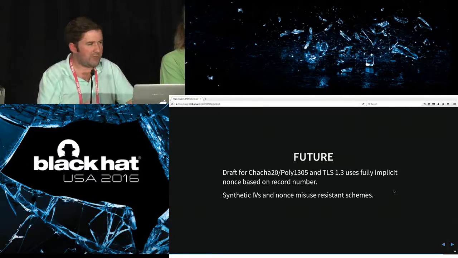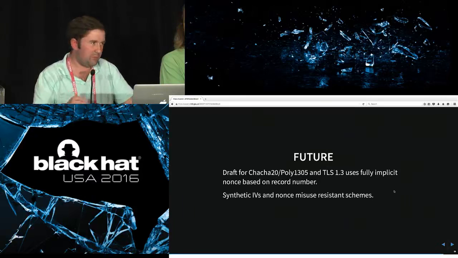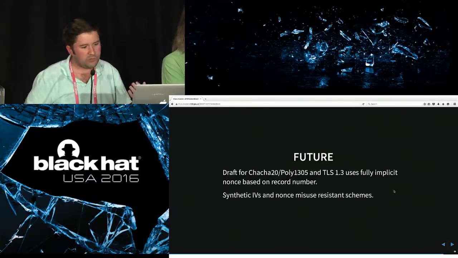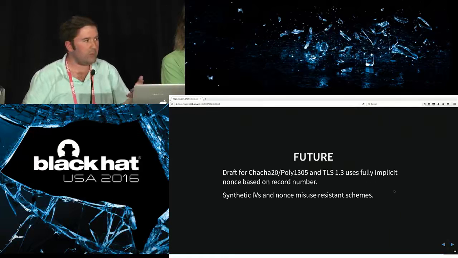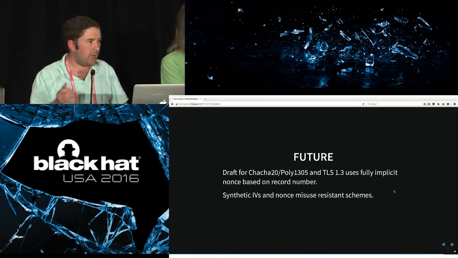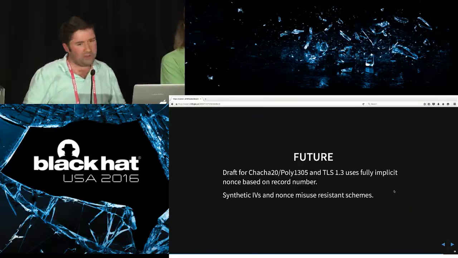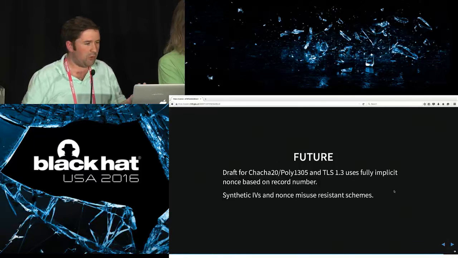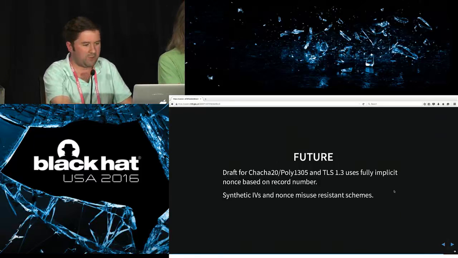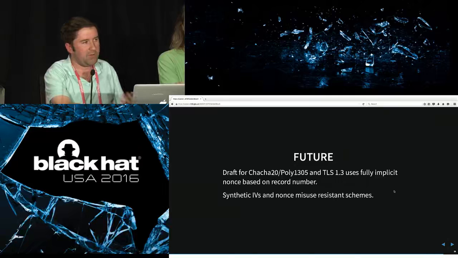So ChaCha-Poly, instead of this explicit nonce construction, uses the same thing that TLS 1.3 is going to be using in the future, which is instead of transmitting the nonce over the wire, it's baked in to use the sequence number of each record. So any implementation that doesn't conform to that will simply be inoperable. It'll fail to work, and it'll have to be fixed. And it won't leave room for this kind of implementation error.